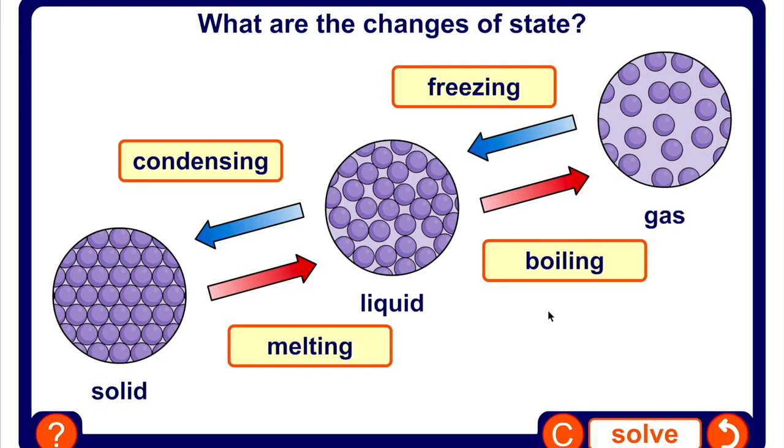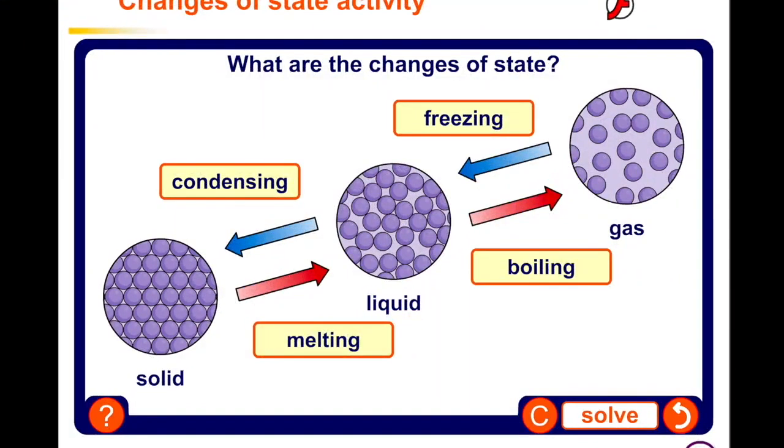Now, as I've said, there are changes that require heating and there are other changes that require cooling. So if you go in this direction, left to right, these changes all require you to apply heat. That's why those changes are called endothermic.